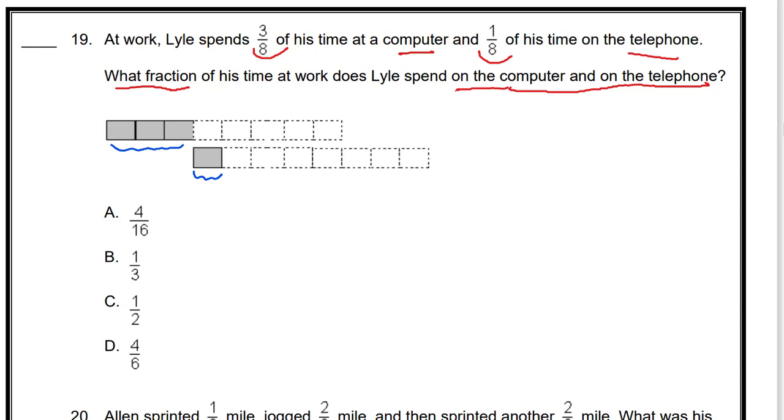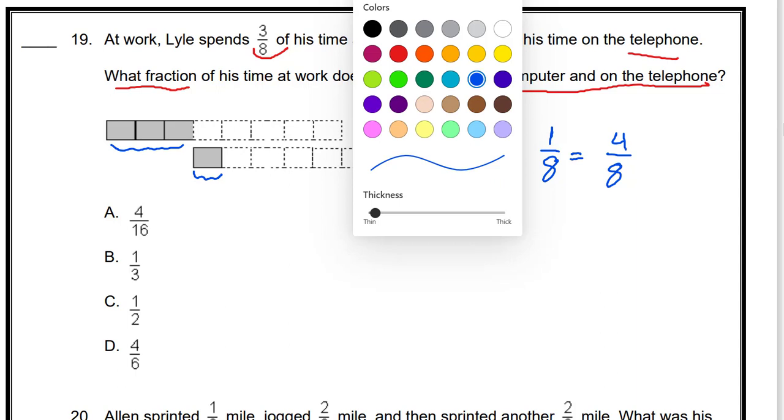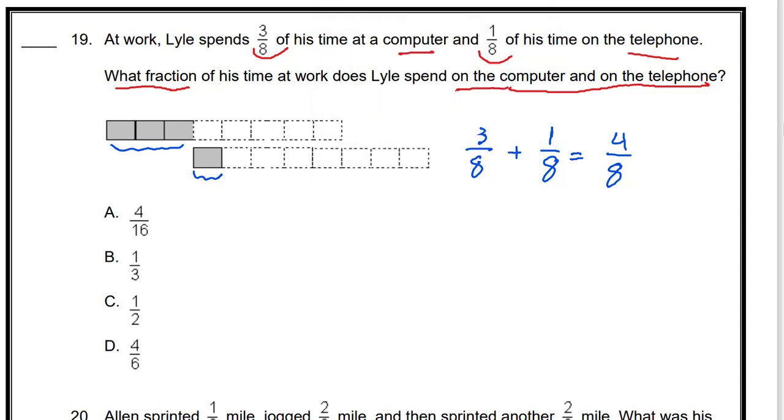So 4 eighths. Okay, so what you say is that we need to add the two numbers and the sum is 4 eighths. I cannot see 4 eighths in the choices. Yeah, 4 sixteenths. You need to find an equivalent fraction, my hero.